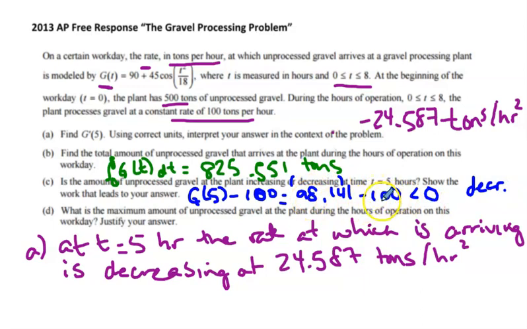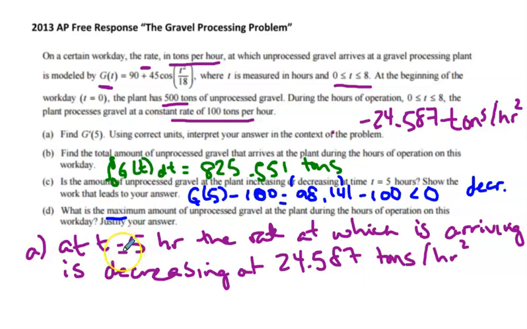All right, so part D is the part that deals with the candidates test. It says, what is the max amount of unprocessed gravel at the plant during the hours of operation on this workday? So the maximum amount is going to be driven by either a critical point or an end point.